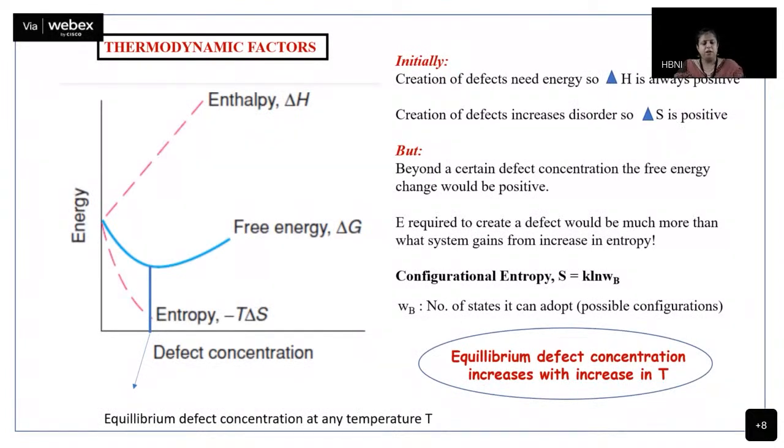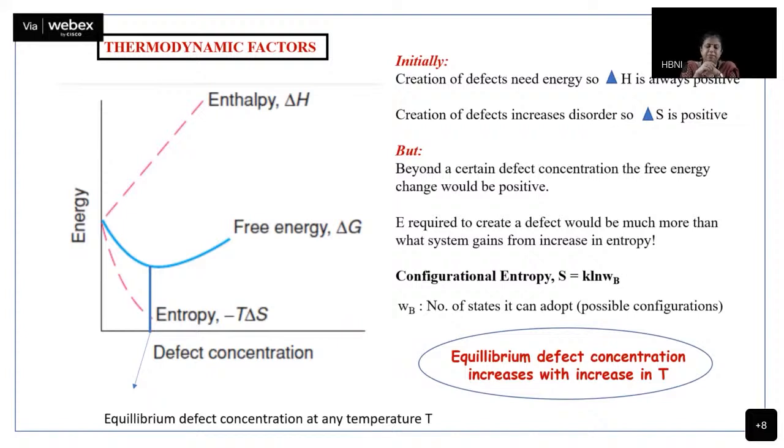All right. Now let's talk of thermodynamic factor. Why should thermodynamics introduce the defect? Okay, so maybe you would have read about it, but it is good to kind of revise things. Thermodynamic factors. Let us say I have a perfect crystal, a perfectly organized three-dimensional crystal, even though that is not possible in reality.